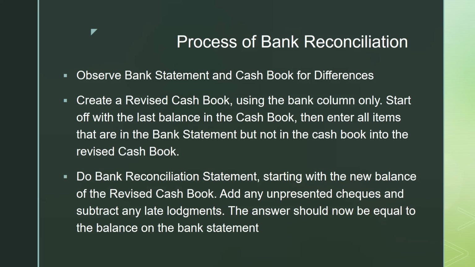And if you're paying it to them, it will be on the credit side of the cash book. You're going to add those, and then we're going to minus any late deposits. And when we do that, the answer we're supposed to get is the same balance as the bank statement. If we don't get that same balance, that means there was an error somewhere or there was fraud somewhere.